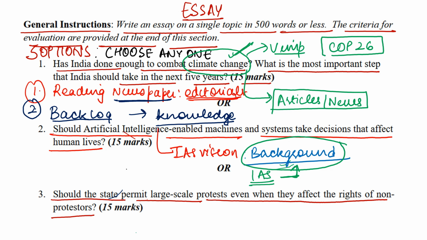The next thing is artificial intelligence. And thereafter we have large scale protests. Large scale protests take us to the farmers' protest, to the CAA protests, to the issues that were raised when the farmers' protest was on, the cases that went up. There were people who went up to the Supreme Court saying that they do not have the right to block the roads.